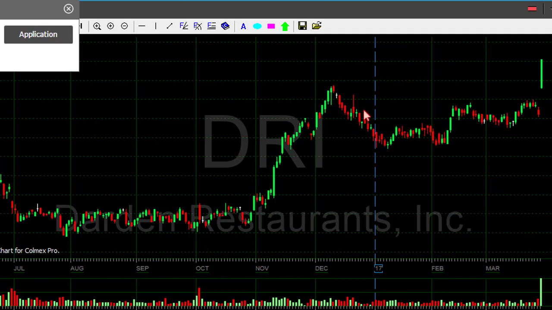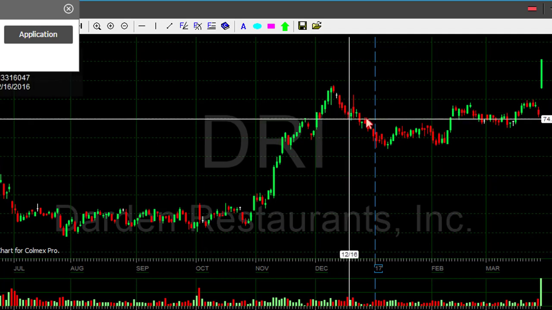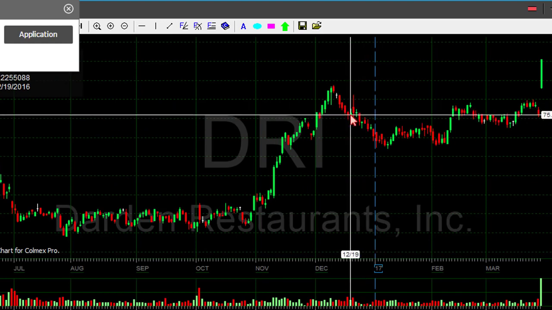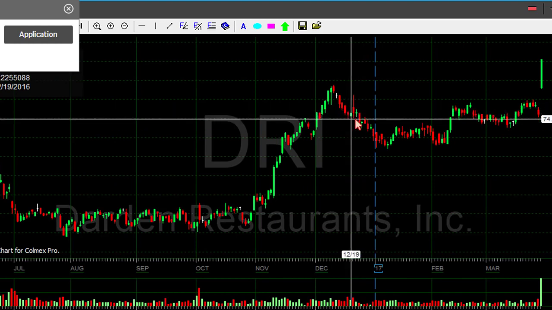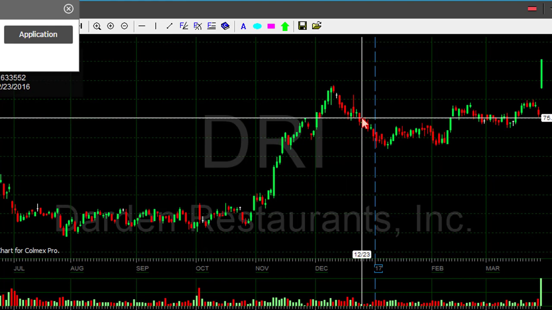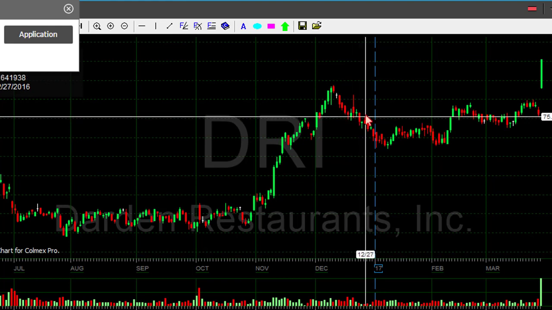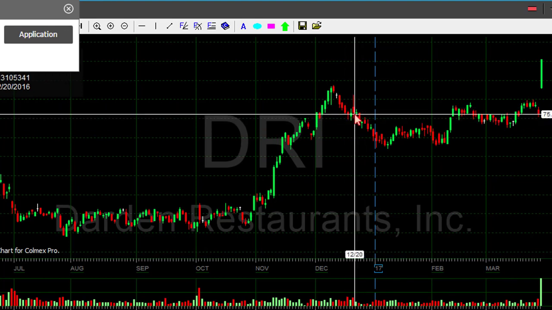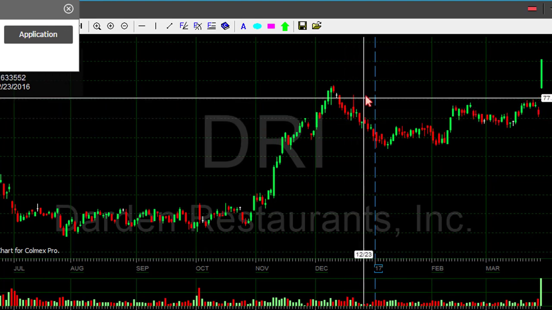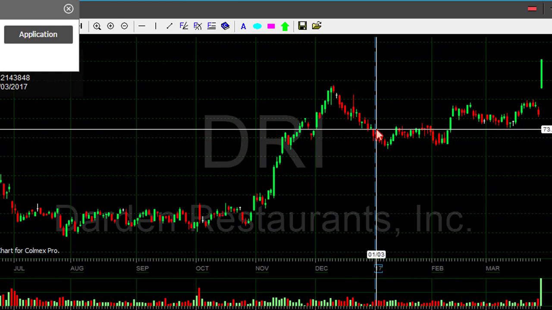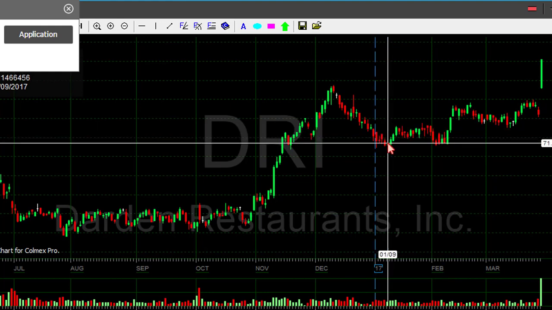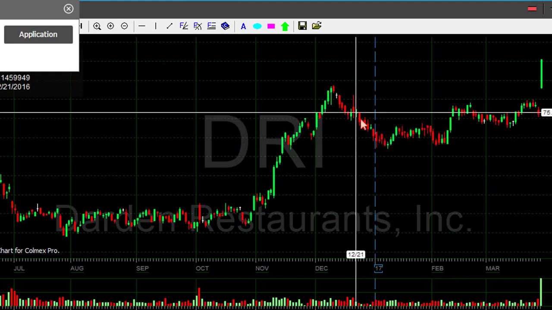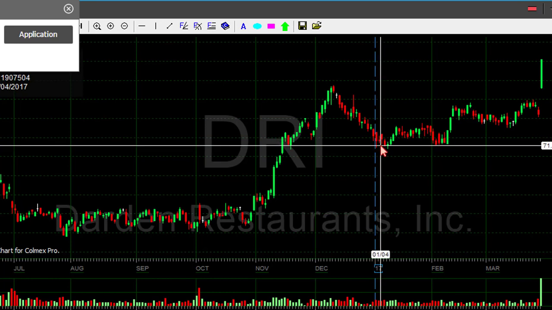So at this area over here, it stayed quite a long time. That means there were plenty more sellers, therefore buyers, meaning there are a lot of people who watched it at that point and decided to go long because they thought it was probably going to continue higher. It failed. It came down quite dramatically, by the way. It's like 10% here, maybe less, maybe 8, maybe 7, something like that.